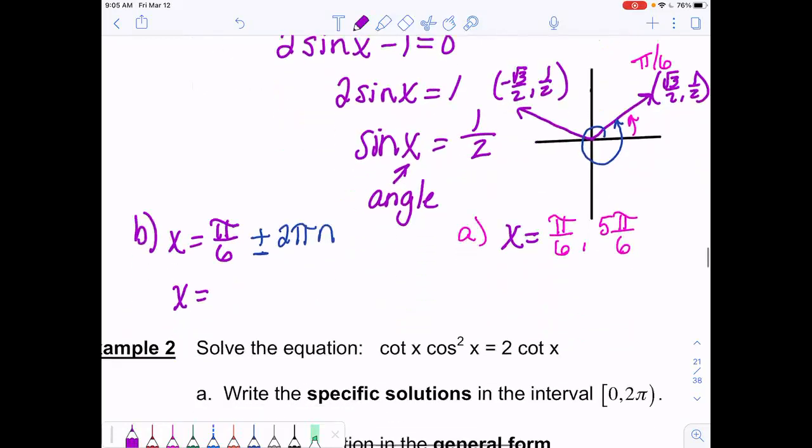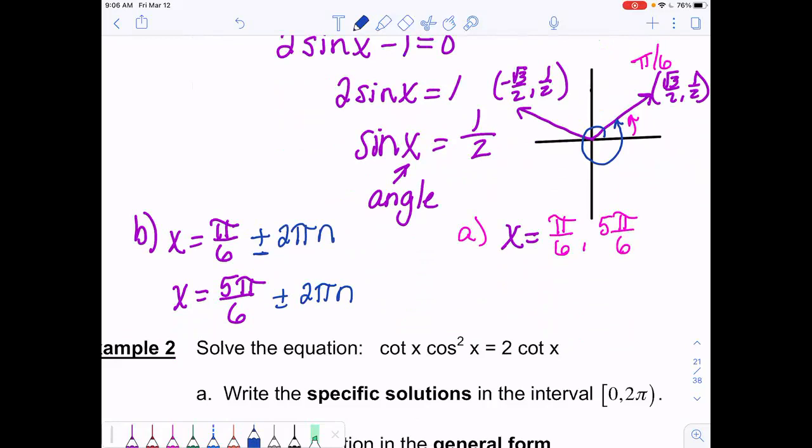So Caden said the second angle was 5 pi/6. And then you're still adding 2 pi n, or subtracting 2 pi n to get to the angle in the second quadrant. So you find the specific answers. To write it in general form, you're using those specific answers.